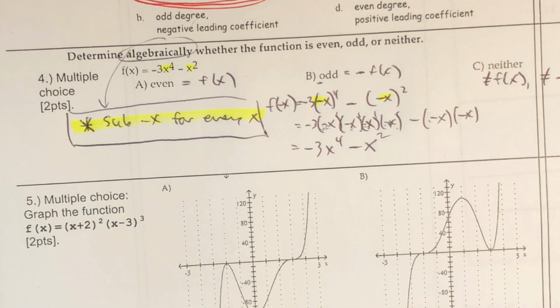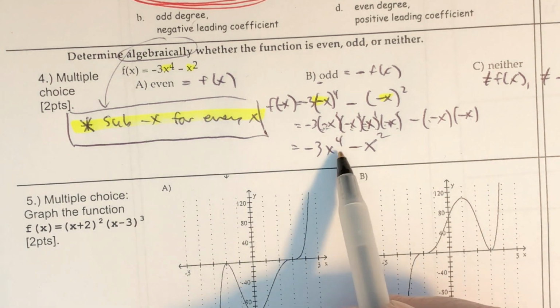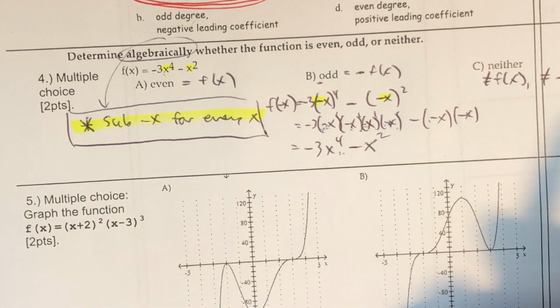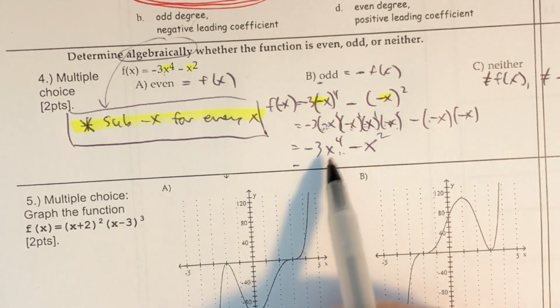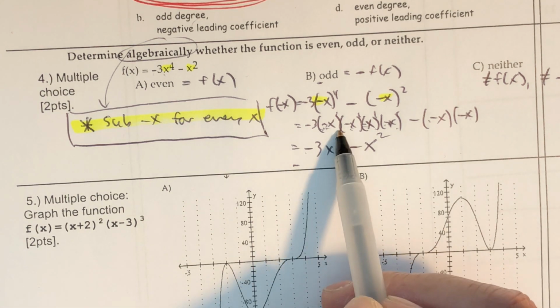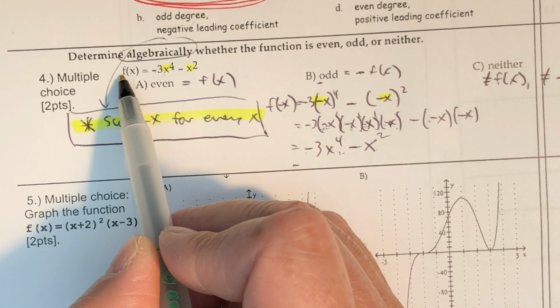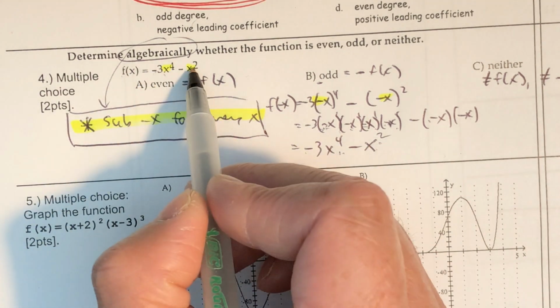So if you look at the problem, this is the original problem. And a lot of students get confused on the next step, so I'll just explain it. So every time I see negative 3x to the 4th minus x squared, I can write f of x. See this, write that.